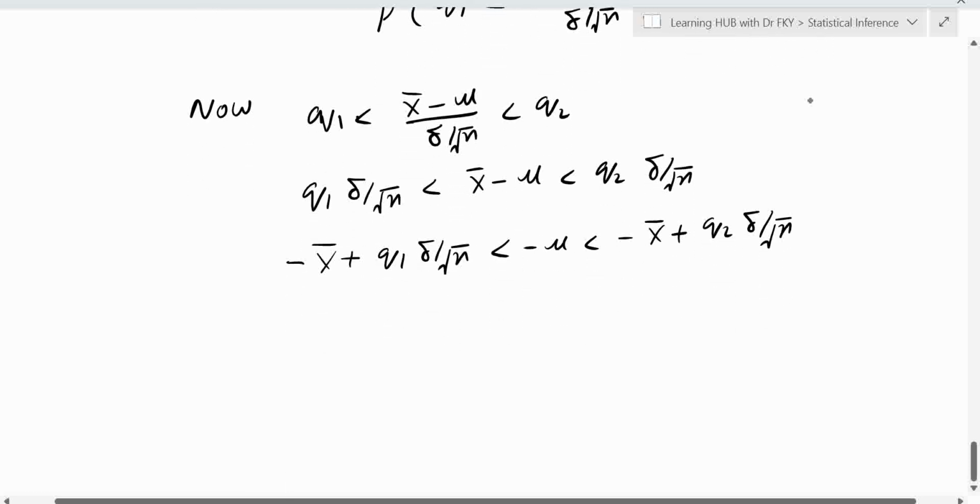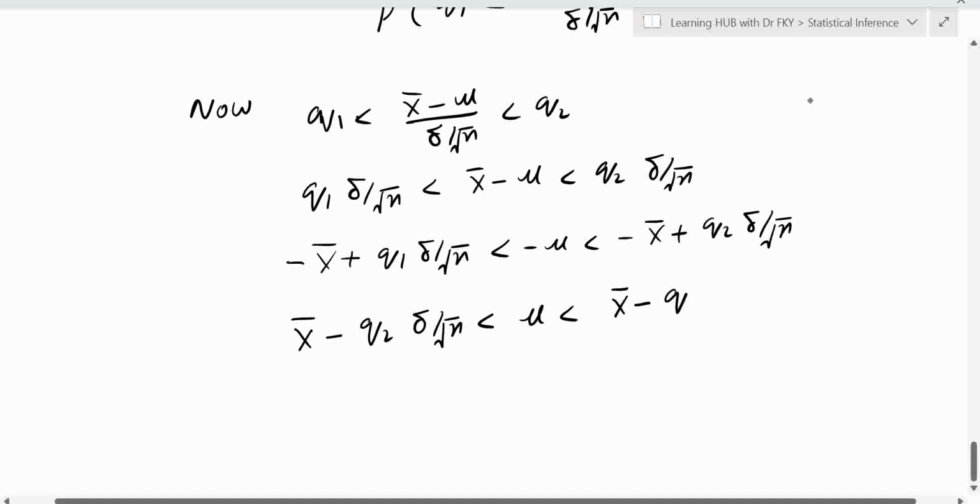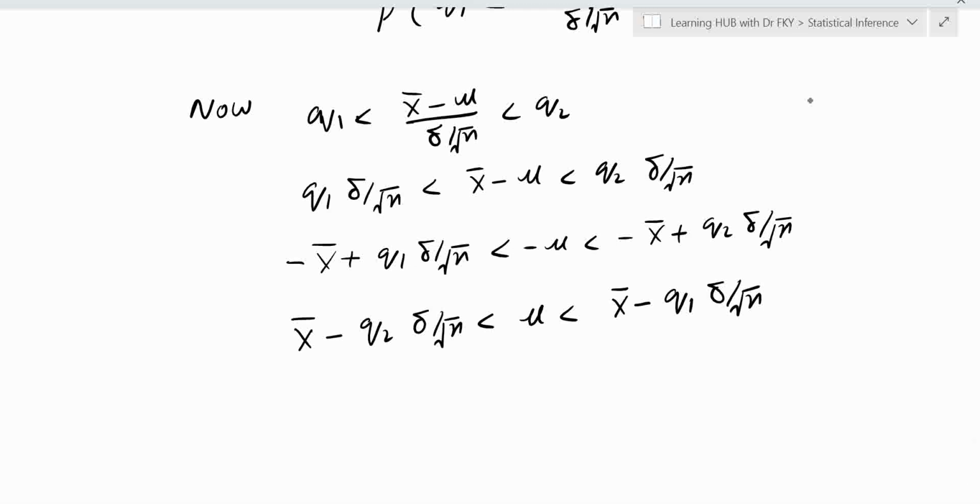Now multiply each side by minus one, so the limits are reversed. Because we are multiplying by a negative, this will be the lower limit and this the upper limit. So the lower limit is X bar minus Q2 sigma over square root of n, which is less than mu, which is less than X bar minus Q1 sigma over square root of n.